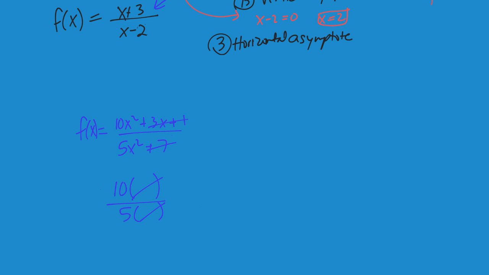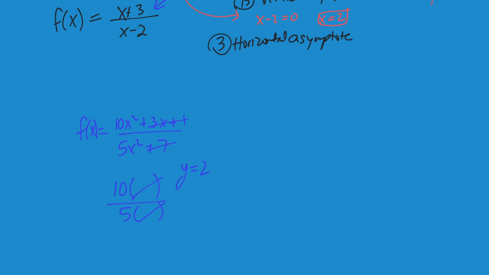So if you plug in big numbers, your value is going to get closer and closer to y equals 2. And that means there's a horizontal asymptote at 2, that your graph is rising and rising until getting to 2, but it'll never get higher than that, or it's falling to 2 at some point. So your graph is going to that specific value, not going to infinity.